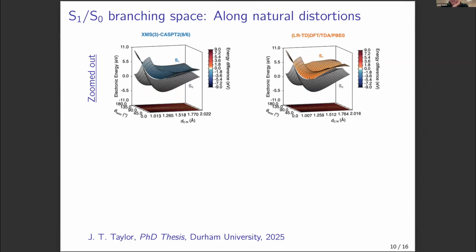And we see now, if we zoom out far enough, so we're going from 0 to 180 degrees now, and a bond stretch of, say, 1 angstrom, we see that this intersection ring, from what the trajectory is seeing as it's coming in, looks as though it's a single point of degeneracy.